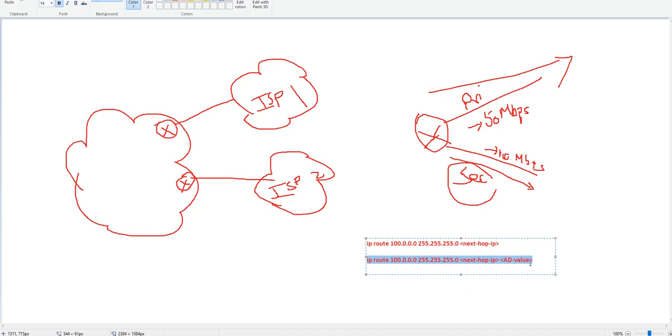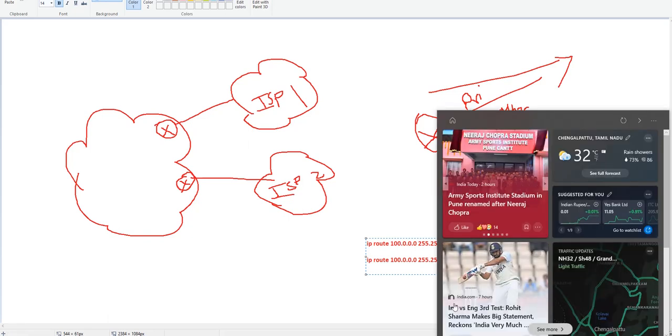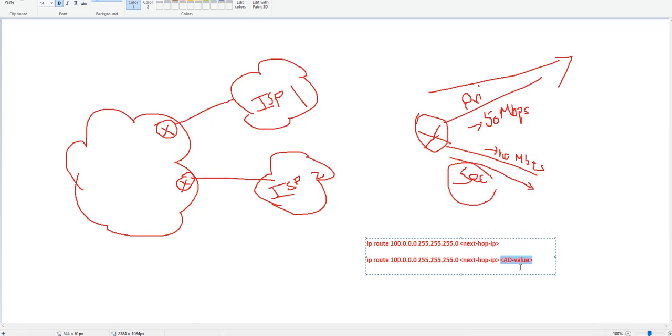By default, for a static route the AD value is 1, for directly connected routes it is 0, and as I have told you, for iBGP we have 200 and for eBGP we have 20. So based on that, you choose appropriate values. Let me choose something like 50, or it is up to you.